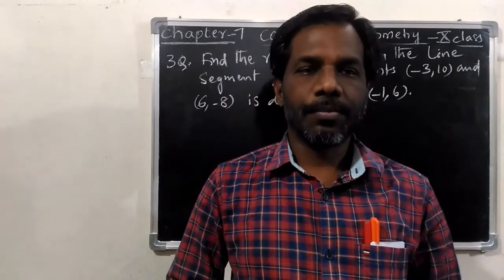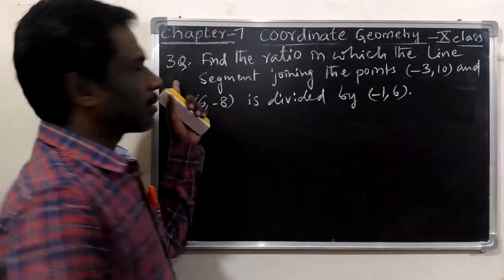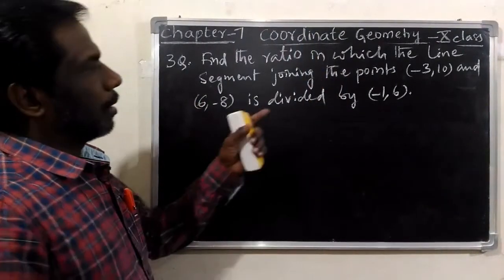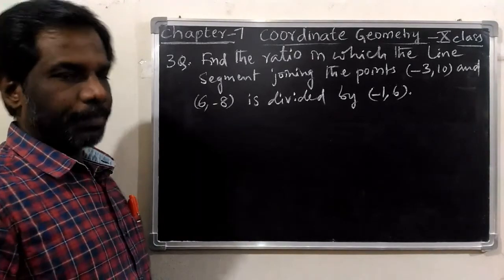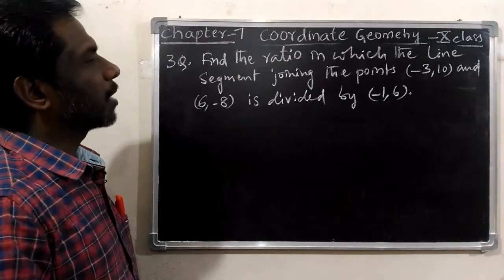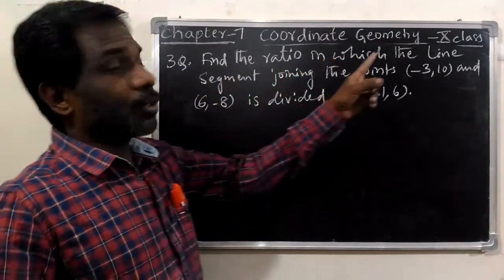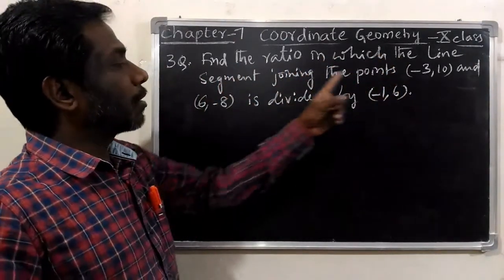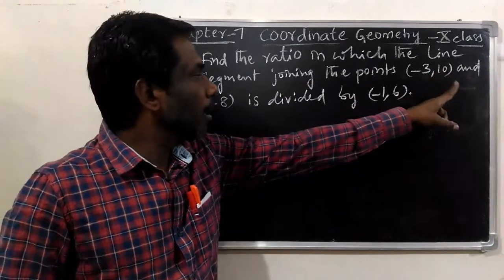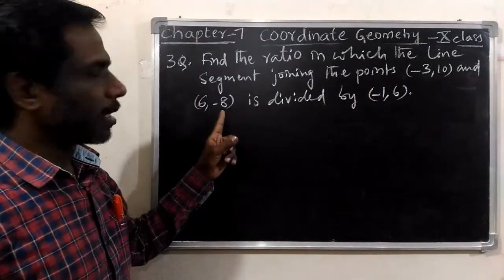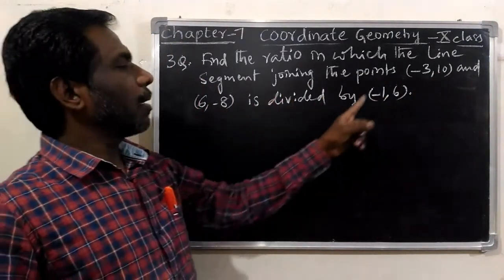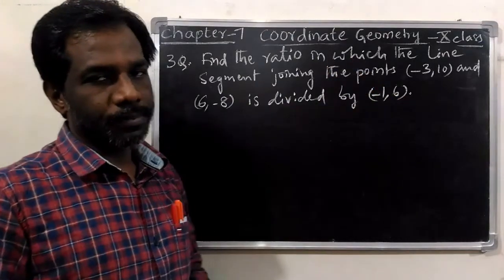Here we have one more question, that is the third question in the same exercise 7.2. First I read the question. Find the ratio in which the line segment joining the points (-3, 10) and (6, -8) is divided by (-1, 6).